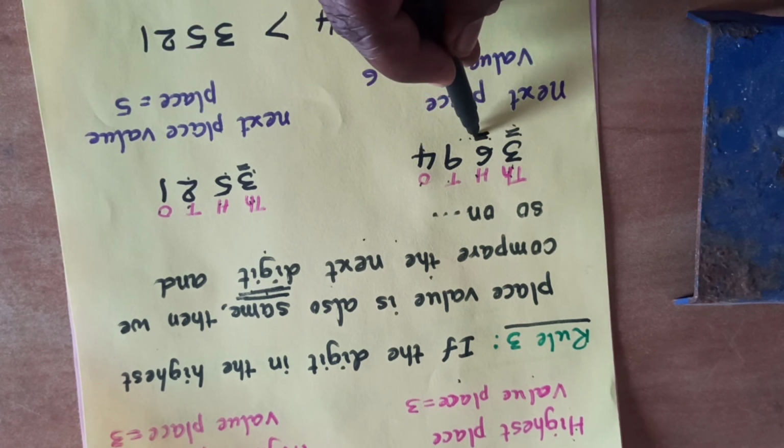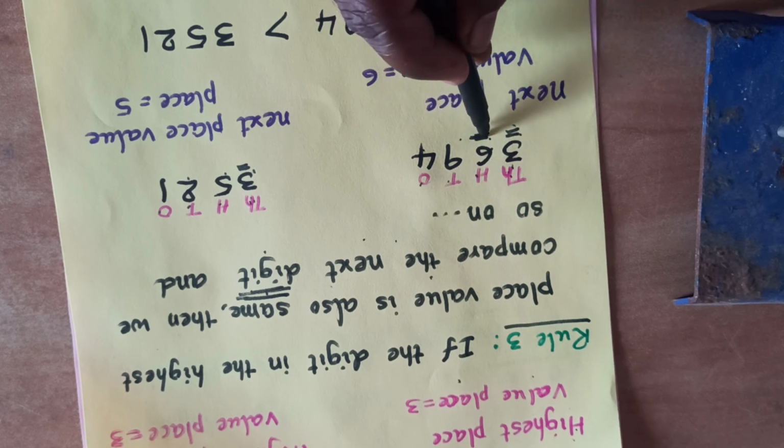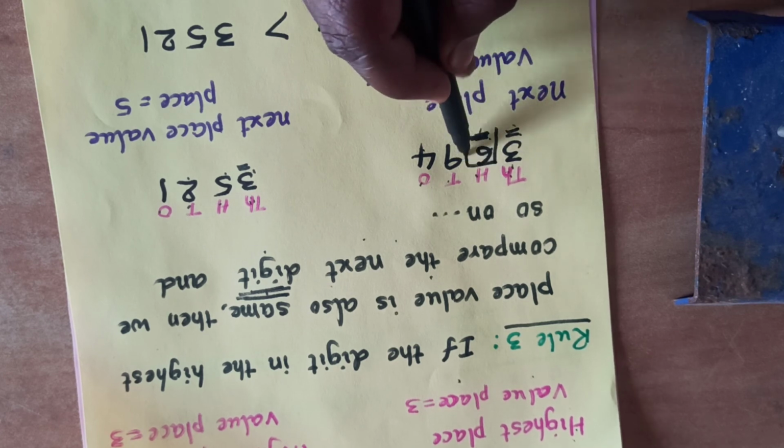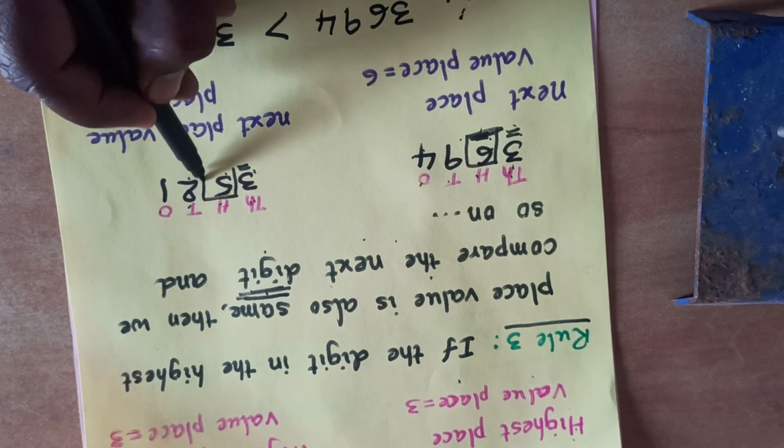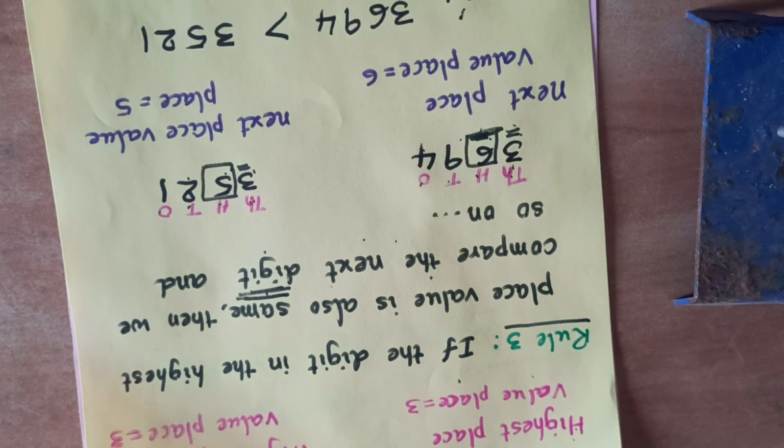What is the next place here? Hundreds place. Here the hundreds place digit is 6. Here the hundreds place digit is 5.